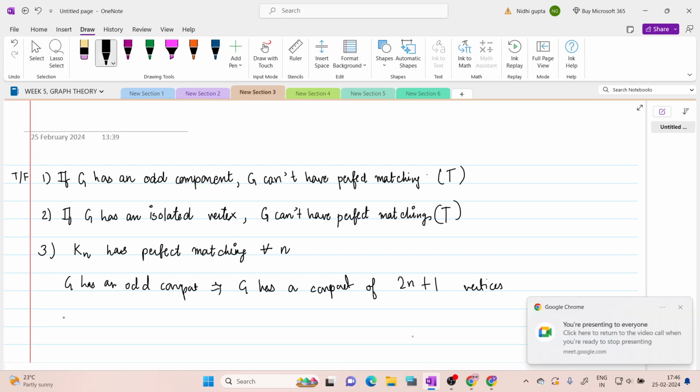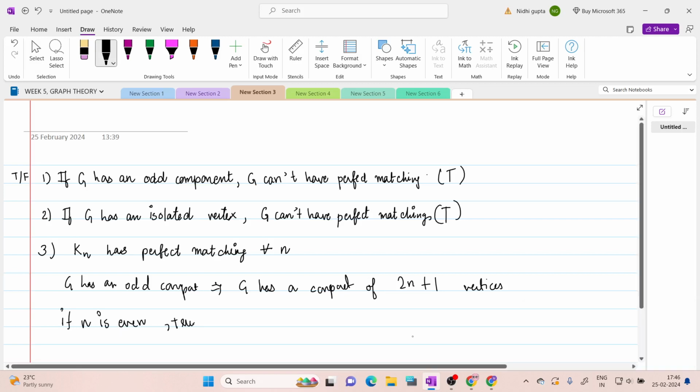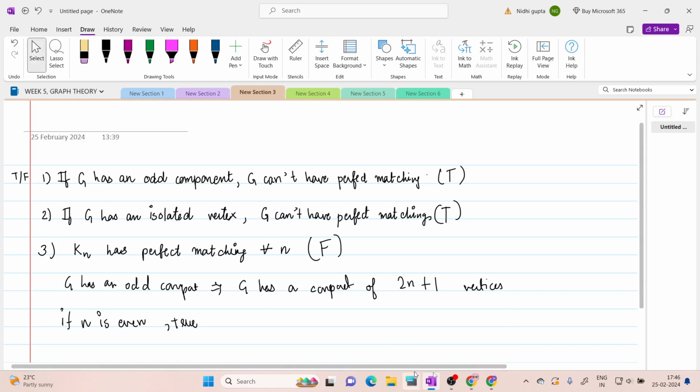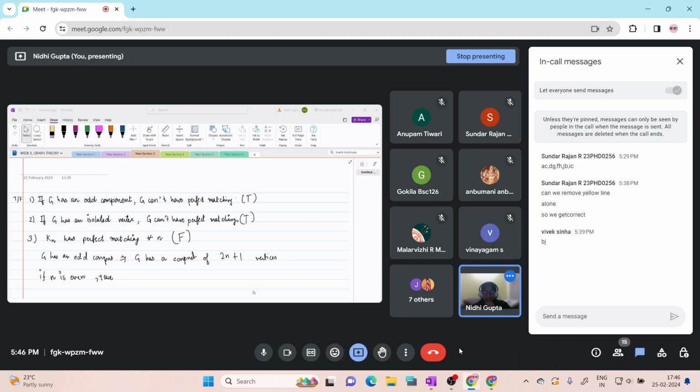But if n is odd, then it is not true, because we already saw that if G has an odd number of vertices, then it cannot have a perfect matching. So are all these three statements clear to everyone? Okay.